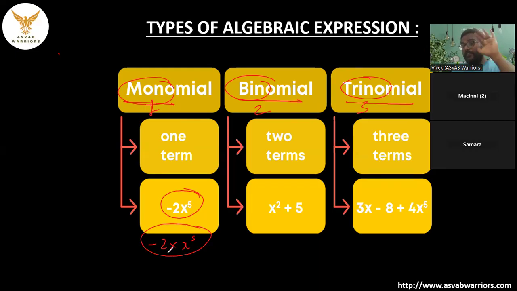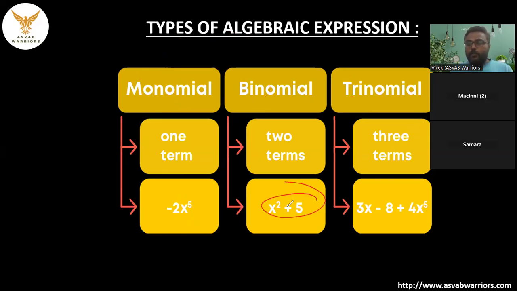There can be multiplication, there can be division, it's just that there should be no addition or subtraction in it. Now, if I say 5 over 6 x square y, there was a multiplication between all this, there was a division with 6, but still it was a single term.